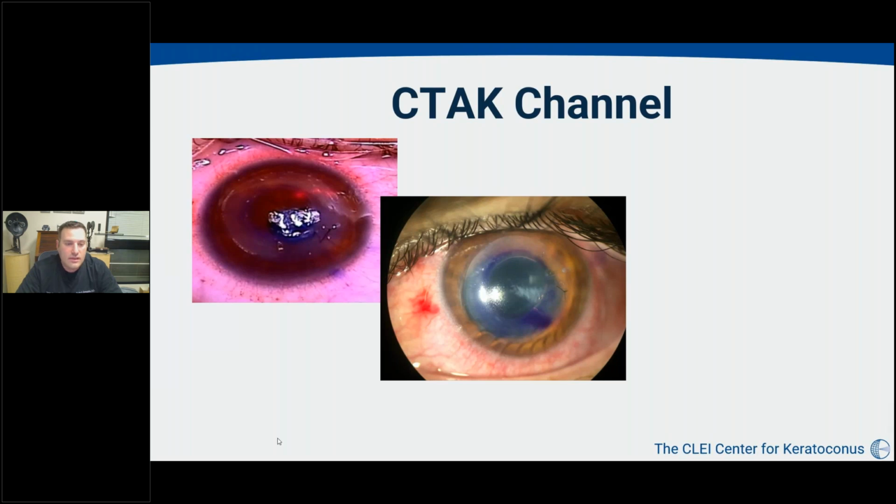With these inlays, you can many times navigate around a small tear if you do get it. You can do it by stitching down the area and leaving the CTAK inlays sometimes just short of the area of the tear. So you can use a Westcott and cut them a little bit shorter.